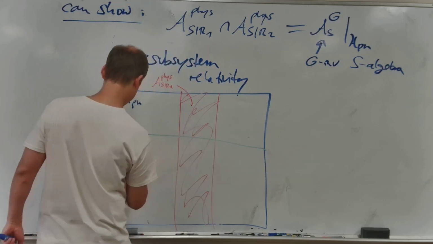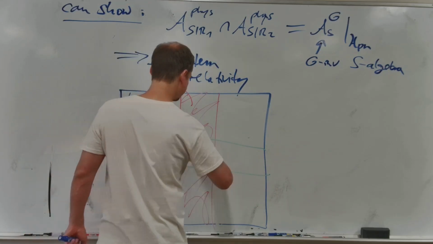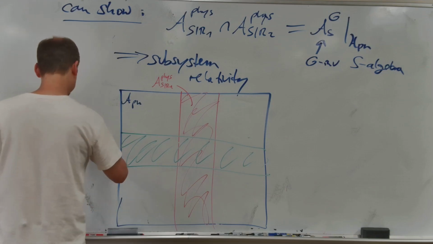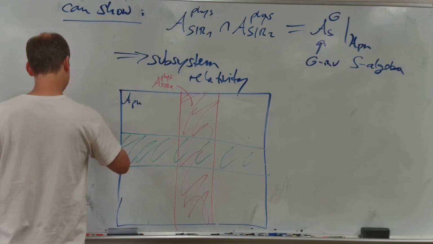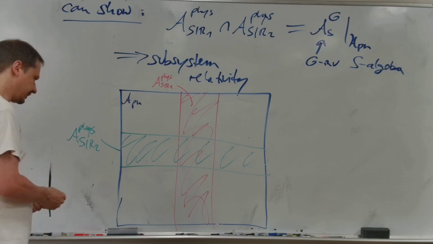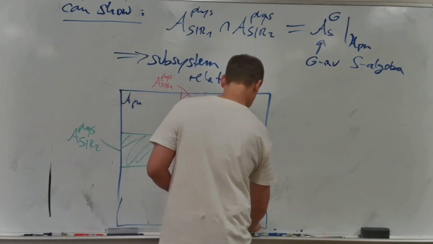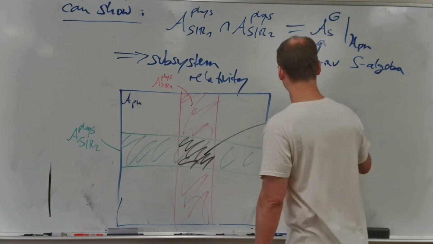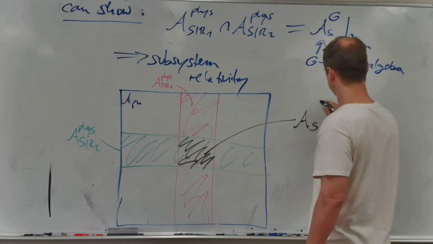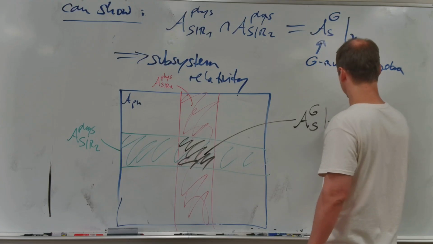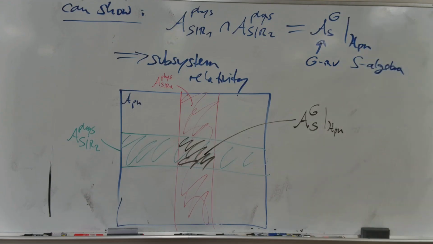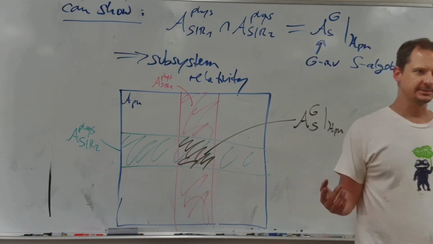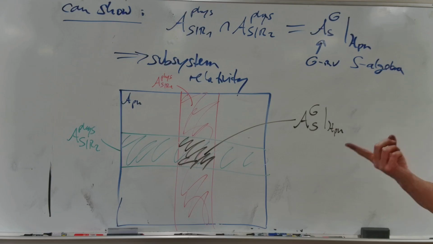And then you can think about, the exact geometry of what I'm drawing here should take two series, of course. It's really just schematic. And let's say A_S relative to R2. And then, okay, we have this overlap. So the overlap is black. And this here is A_S^G restricted to the perspective Hilbert space. So in particular, this subalgebra here that sits in the intersection, it is the internal relational observables within the system.